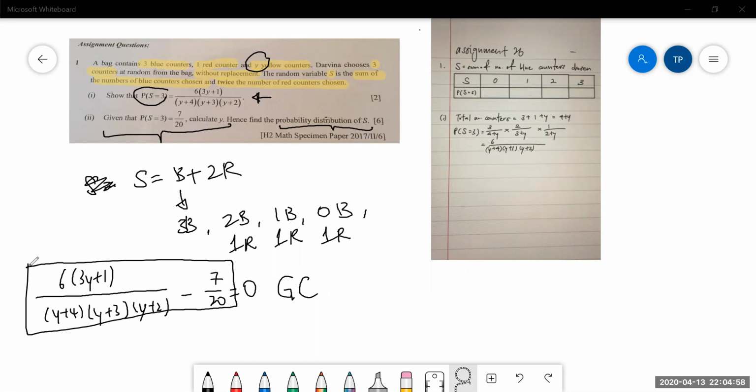Because you bring it over to the left-hand side, then you want to solve for y, which means you're trying to find the roots, the x-intercept. Is that allowed? Of course, why not? Using GC, they never said. They said calculate. They never said find the exact value of y. In fact, y is already supposed to be exact. It's a yellow counter, it cannot be 2.5 yellow counters.